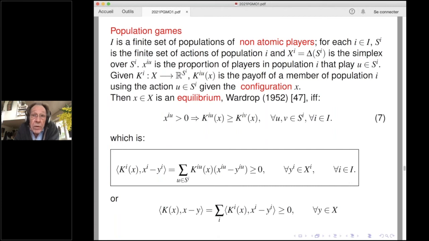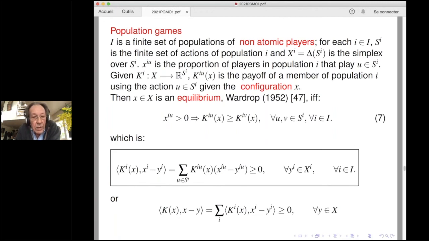In the population of rabbits you have a proportion of blue and red rabbits, and in the foxes you have a proportion of large, middle, and small foxes. And K^i_u will be the probability of survival of a small rabbit, given the proportion of small and large rabbits and small, middle, and large foxes.